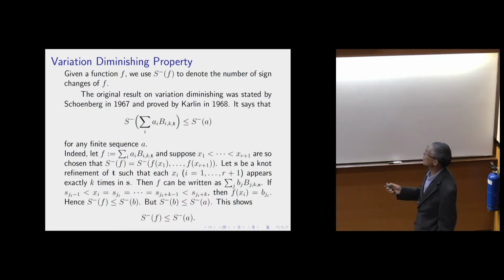So we have this statement: a spline as a function, as a linear combination of B-splines, has sign changes no bigger than the sign changes of the A sequence. This can also be proved easily by using the previous result. We just insert sufficiently many new nodes, then we can reduce the problem to the previous one.